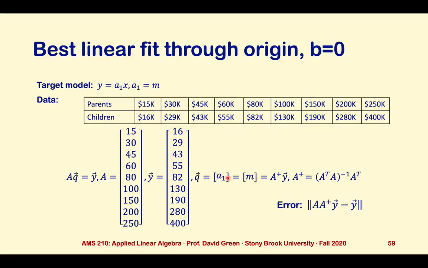However, although this seems like a very simple problem with just a single column for our matrix A, we can still solve it in the same standard way. Define a pseudo-inverse, compute the coefficients by multiplying that pseudo-inverse by our right-hand side, and compute the error in exactly the same way.